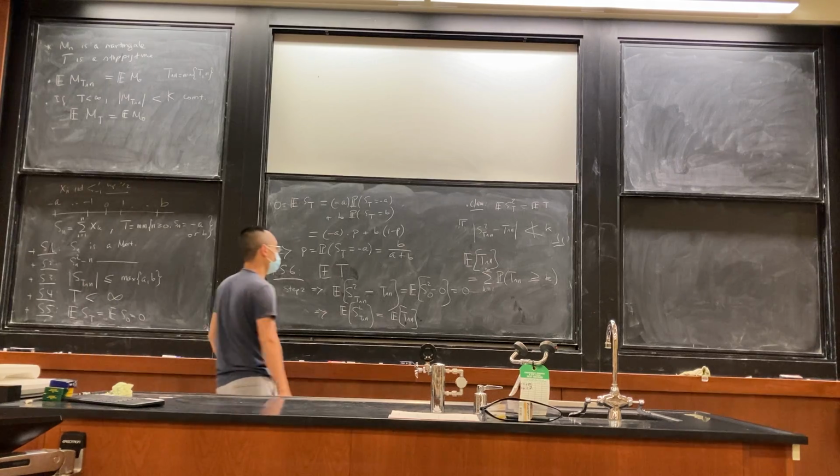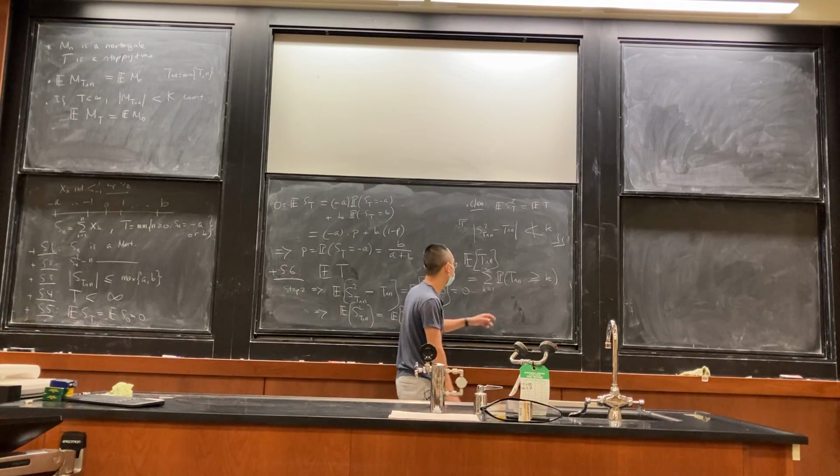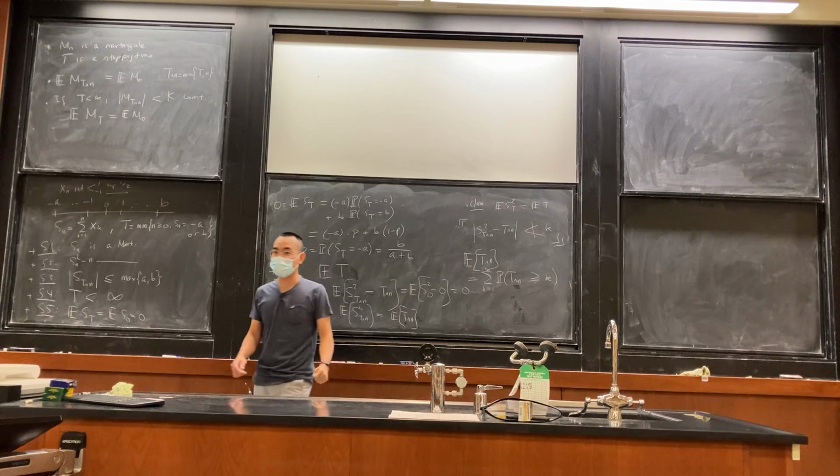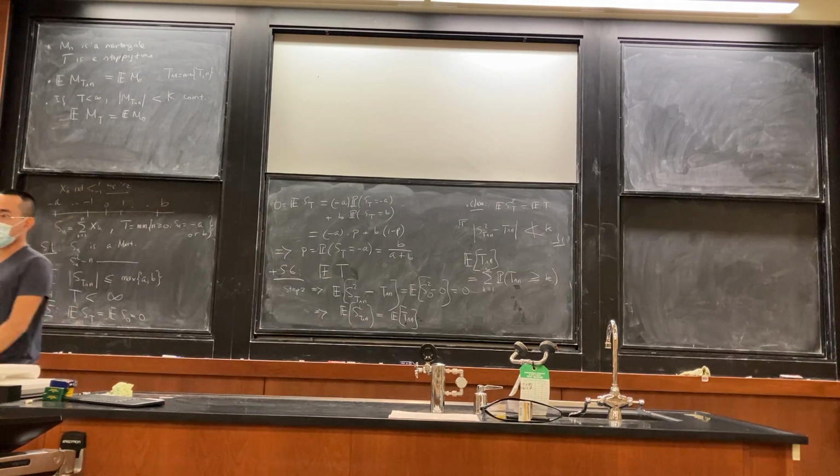But the key here is this is always bounded above by n. So how far in the series could the sum go? Of course, technically k runs from 1 to infinity, but actually it will just stop at n.